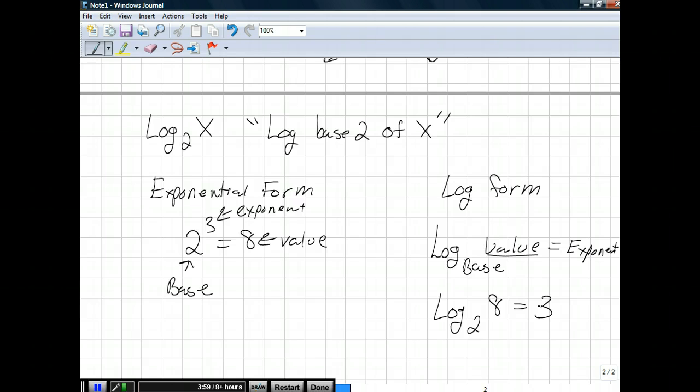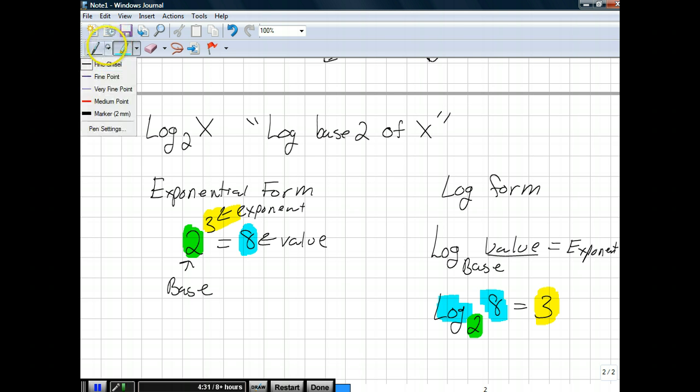So notice that a log is always equal to the exponent from exponential form. Okay? The subscript is the base from exponential form, and the value, which is on the same level as the log, is the value of the base to that power.